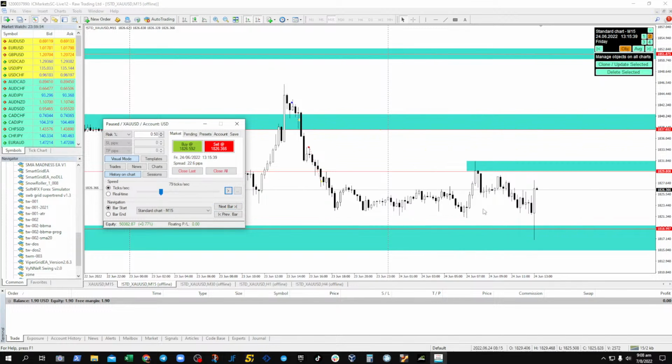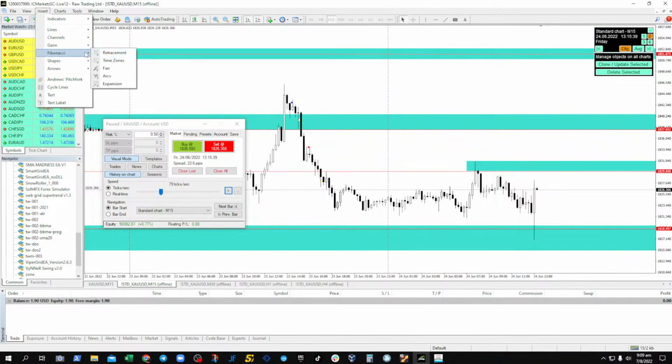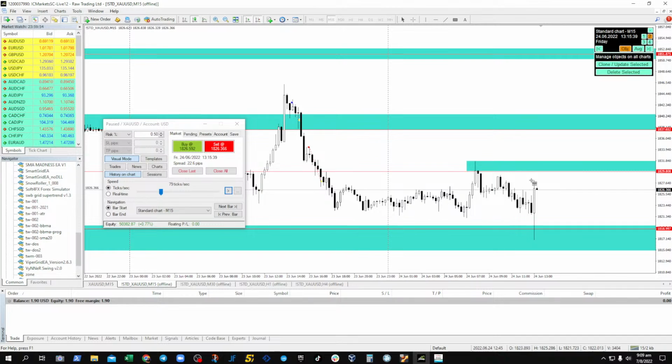Okay, so now this is a strong rejection of this SNR level. Let's look for a pullback for us to buy, and how much is the stop? Wow, there's like 50 pips. It's a big stop.